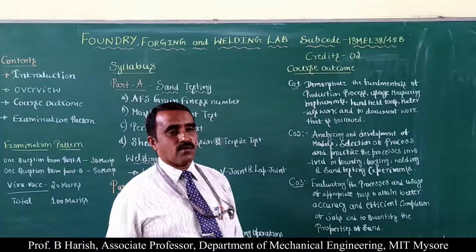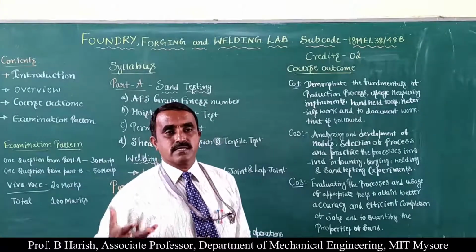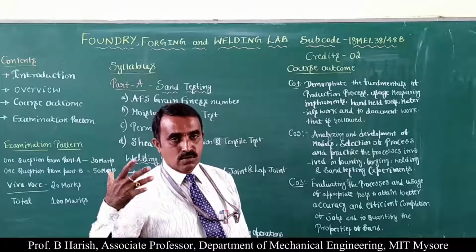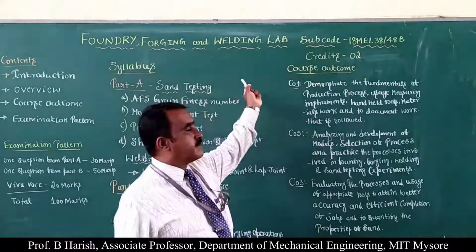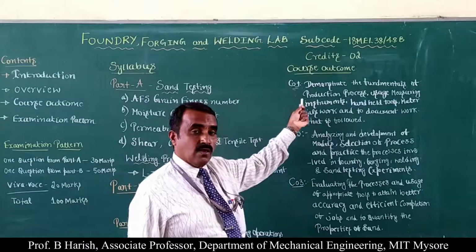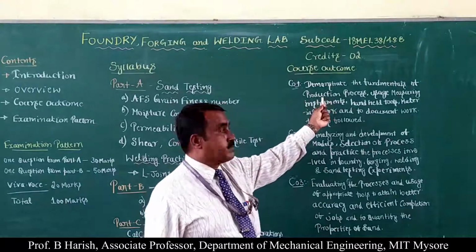So we will know the fundamentals. We will be carrying out foundry, forging, welding and sand test. Fundamentals of those parts, fundamentals of production process, all these are production processes. That is what the first course outcome says.